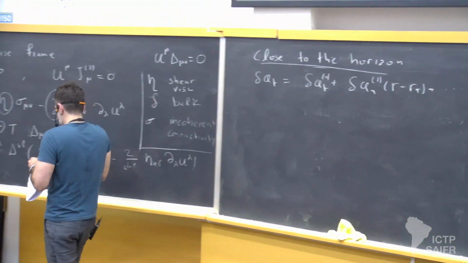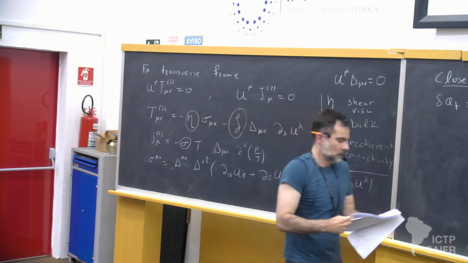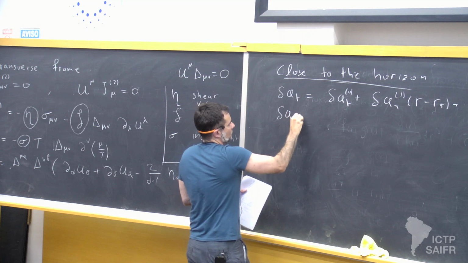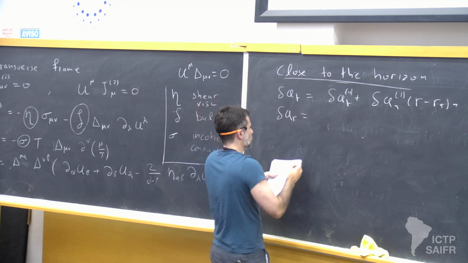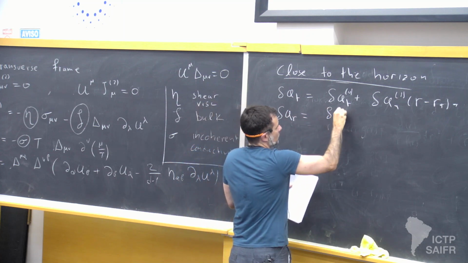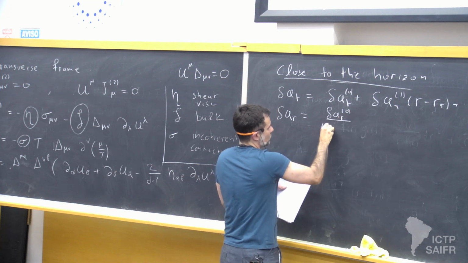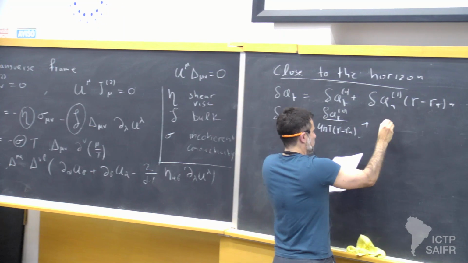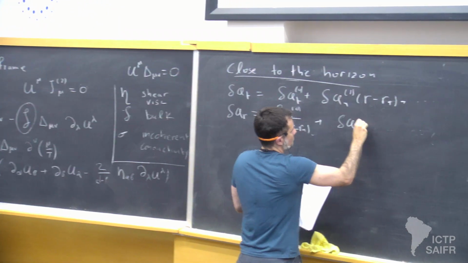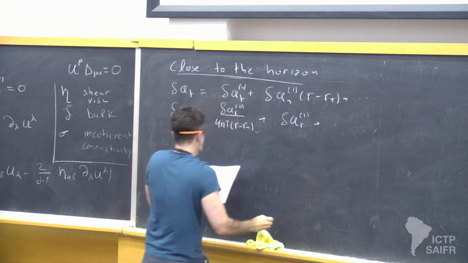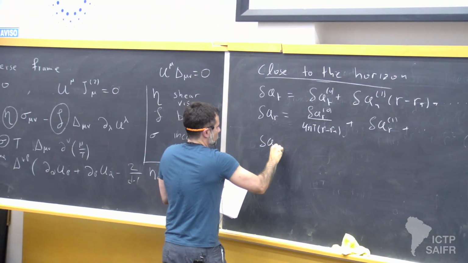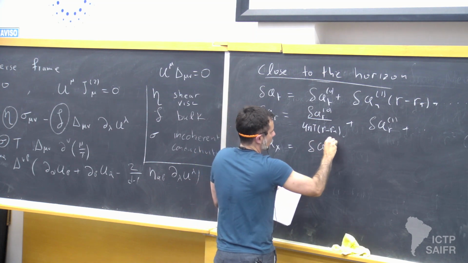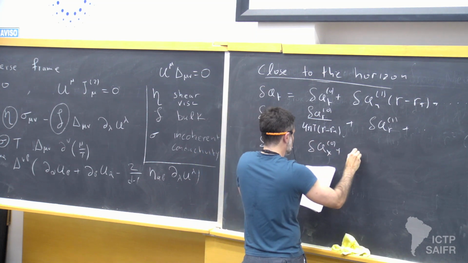Now, for the radial component, I can choose the following. Delta A r goes like delta A r naught, some number, over 4 pi T (r minus r plus), plus higher order terms. And for the x component, it will go like a constant plus higher order terms.